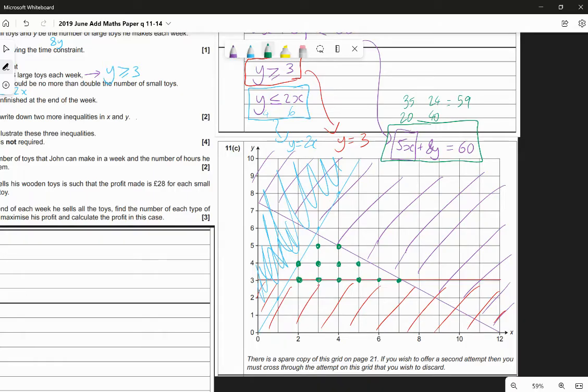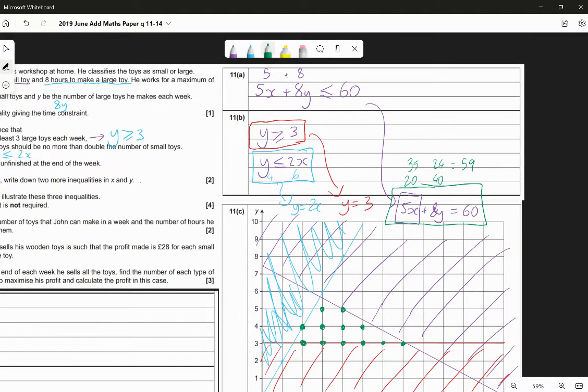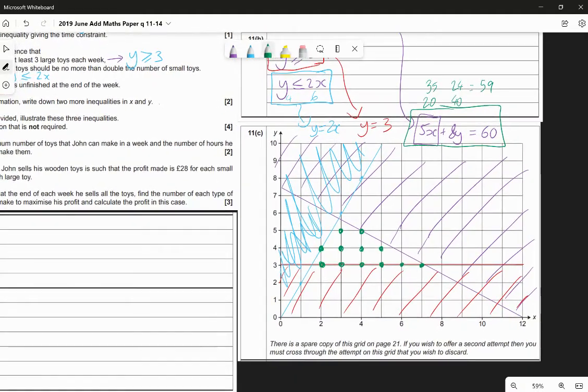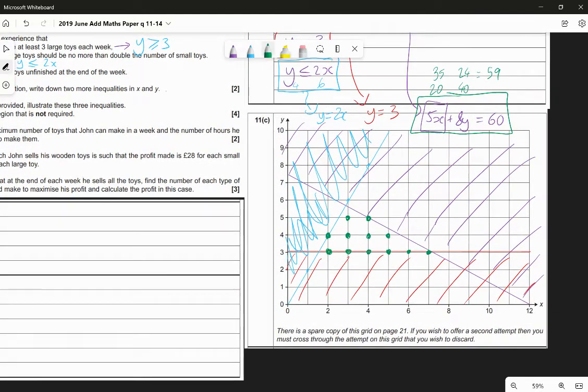That is below the line, so that would be just under the line 5x plus 8y equals 60, so it would be within the region 5x plus 8y is less than or equal to 60, so that's fine. Okay, so those are the coordinates which I'm allowed to make. I'm allowed to make those numbers of toys. Or John is allowed to make those numbers of toys. I'm not the toy maker, John is.